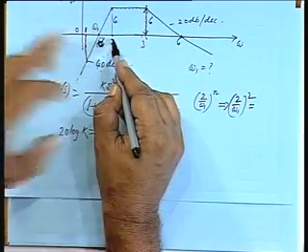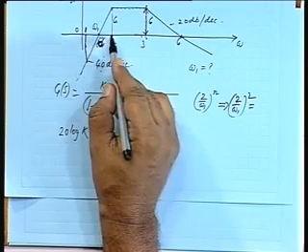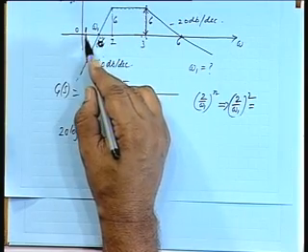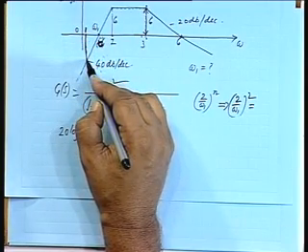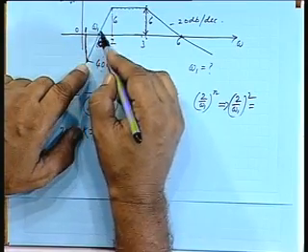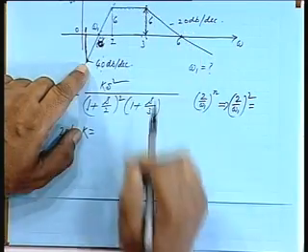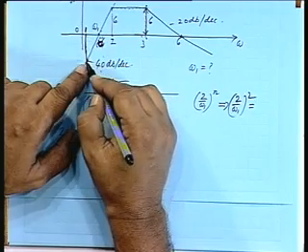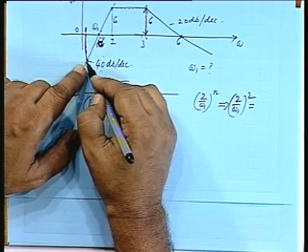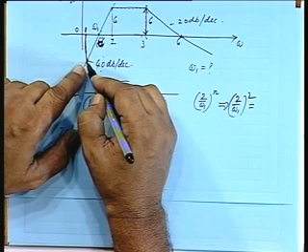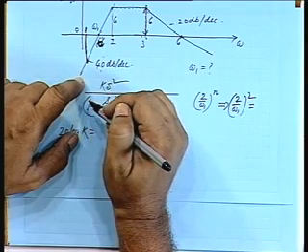That means 2 to half of this frequency. If I go 2 by 2 is 1, at 1 it will be minus 6 dB, then only it will be minus 6 plus 6, this total height is 12 dB. So at omega equal to 1 it is minus 6 dB, all right.